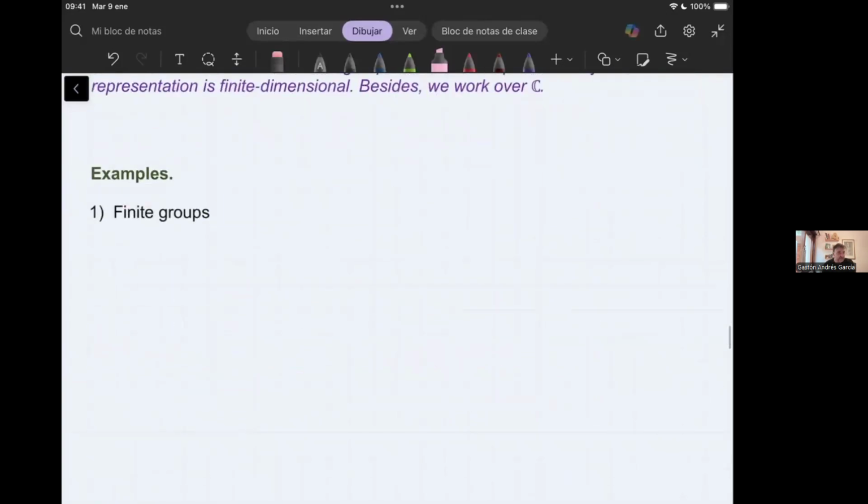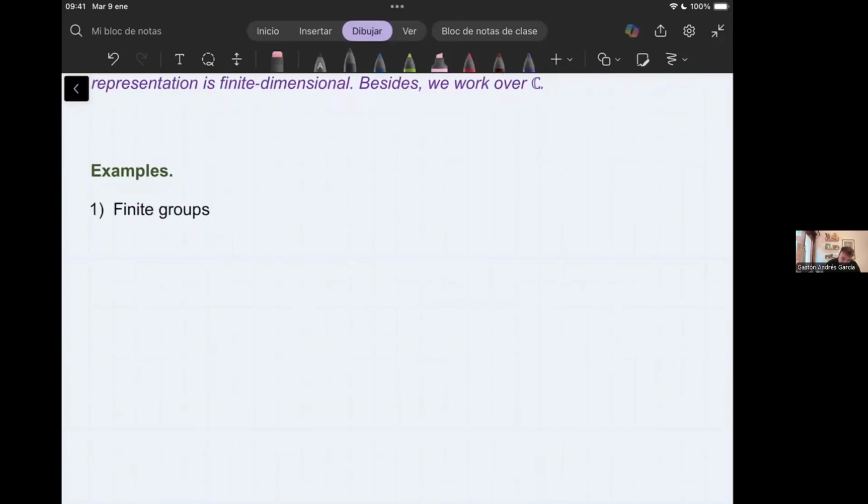So first, an easy example. As I told you, the very easy examples are the finite groups. When I say easy, they are not easy, but in this case it is easy in terms of the topology. The theory of representations of finite groups is very rich. But in terms of topology, we have less of a problem; we don't have the problem of thinking about continuity.